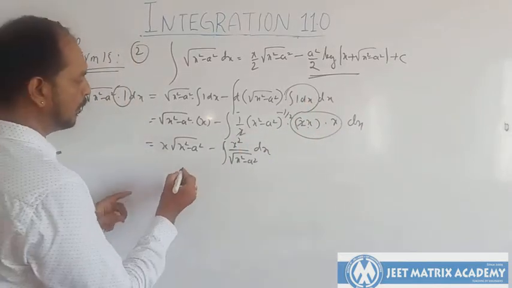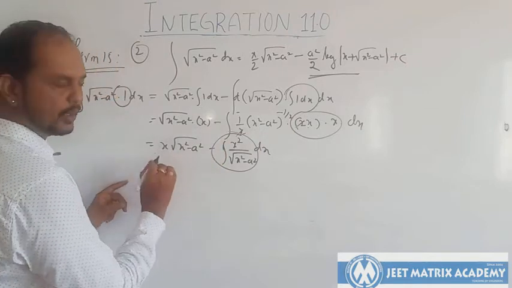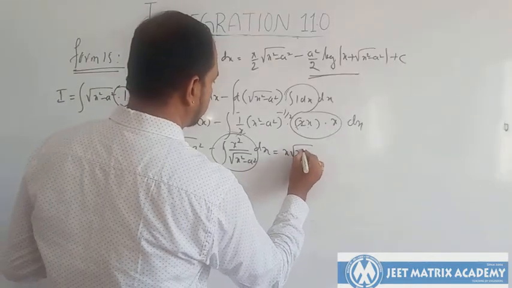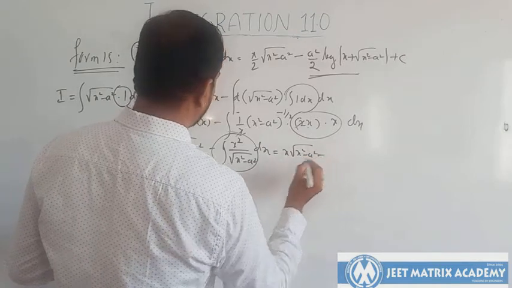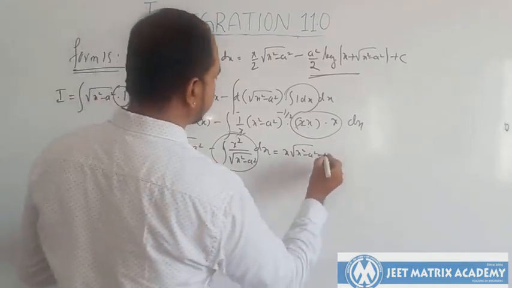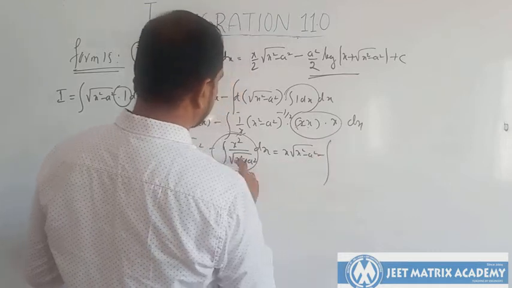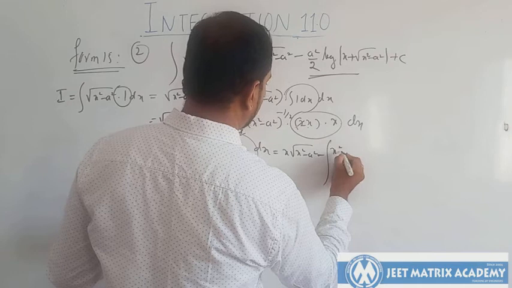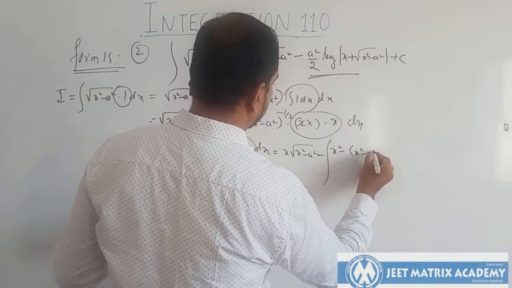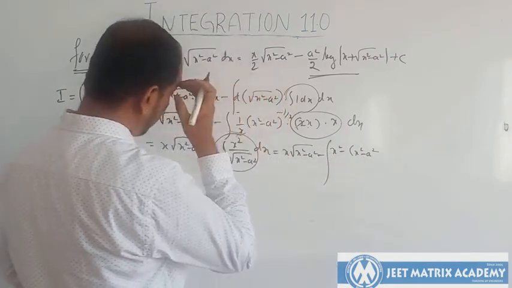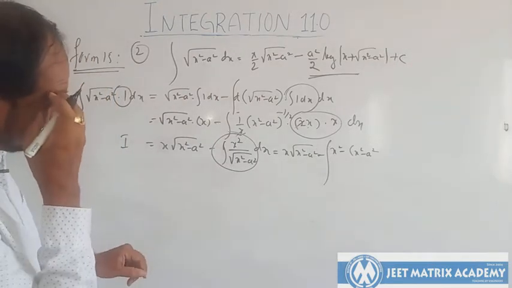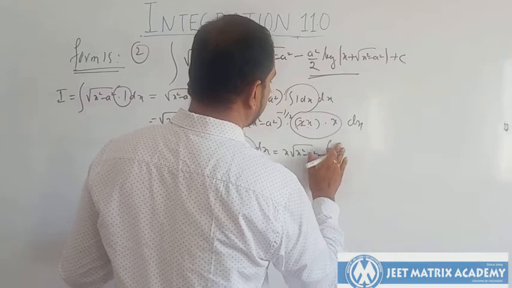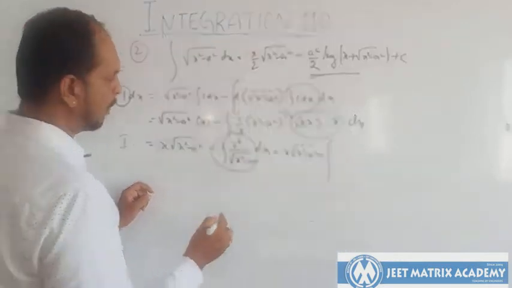Now you are supposed to manipulate this, you keep it as it is. This is I equal to this much, so x root of x square minus a square minus integration of what I can write is x square minus a square. If I do that, does it work out? No. So you are supposed to think what better you can manipulate.